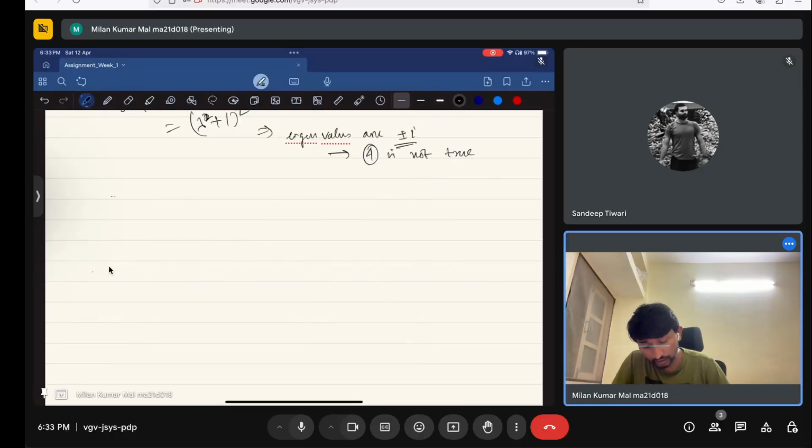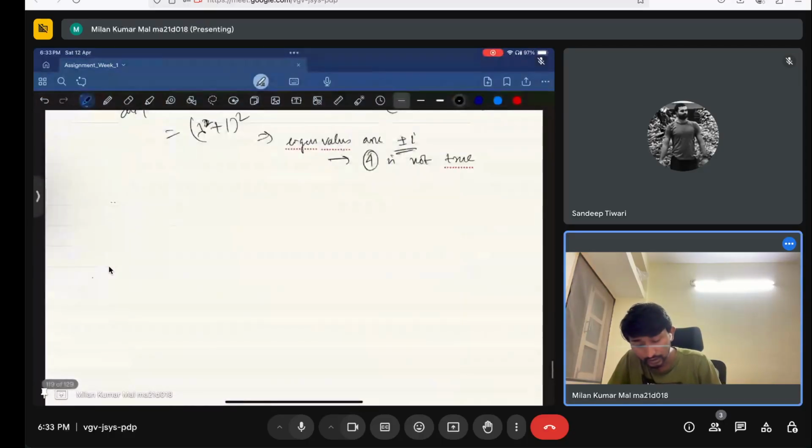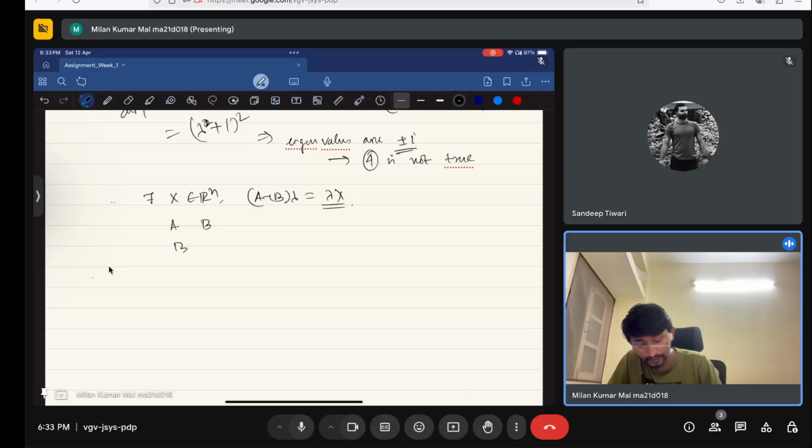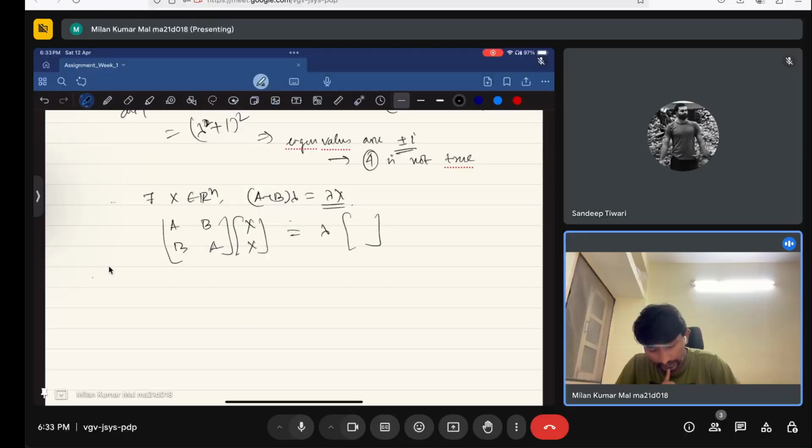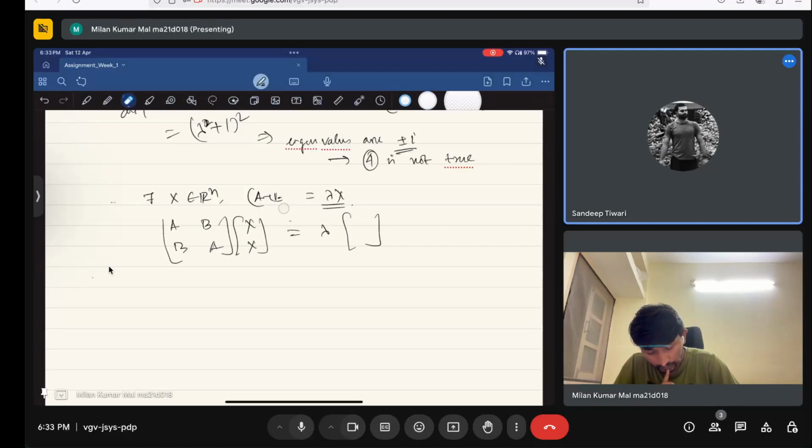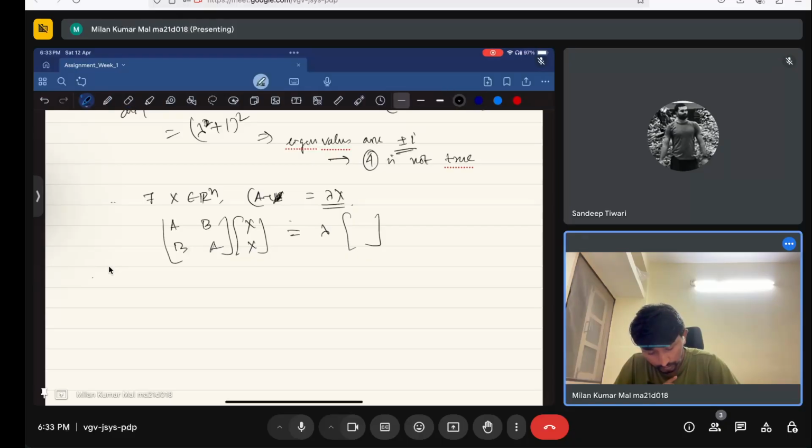What it says, first one: let lambda be an eigenvalue of A plus B. So that means there exists a vector x in Rn such that (A plus B)x equals lambda x, right? And now I have to find a vector such that the block matrix A, B, B, A times that vector equals lambda times that vector.